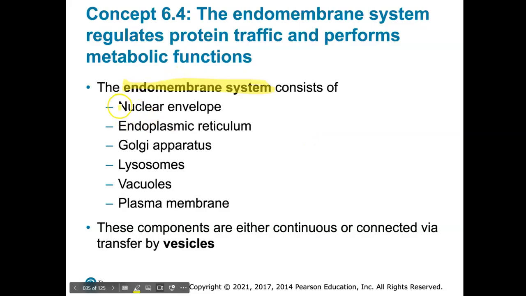It starts with the nuclear envelope, but it really begins with the rough ER, because the rough ER is attached to the nuclear envelope, and then the smooth ER is outside the rough ER. So your endomembrane system consists of the nuclear envelope, the ER, the Golgi, lysosomes, vacuoles, and the plasma membrane. And then smaller vacuoles are called vesicles.